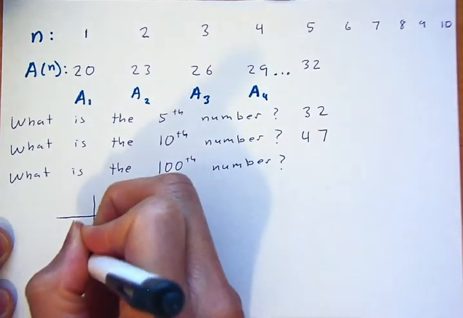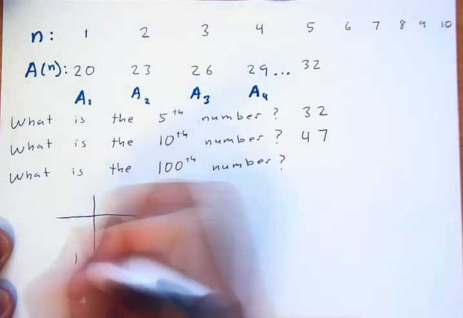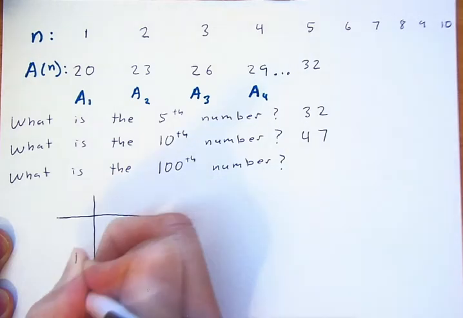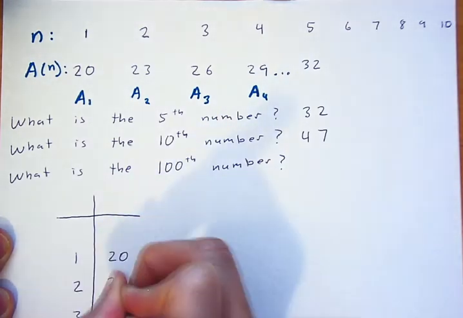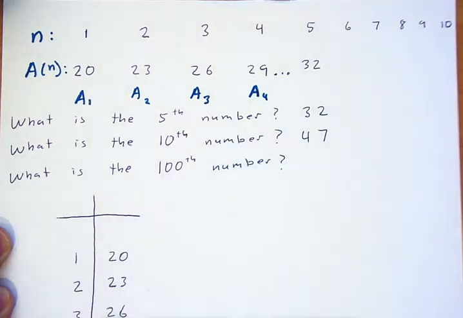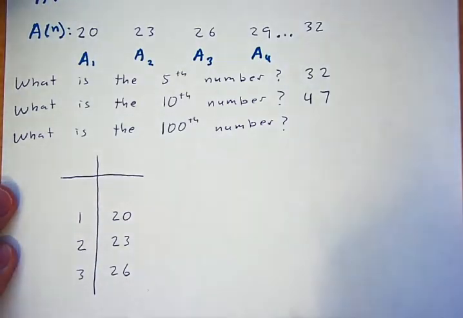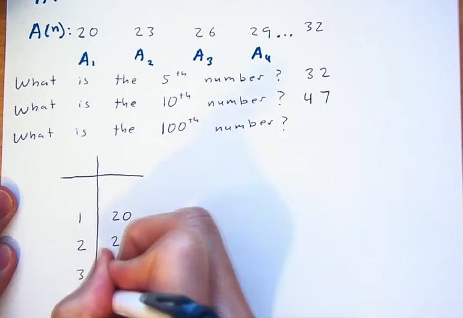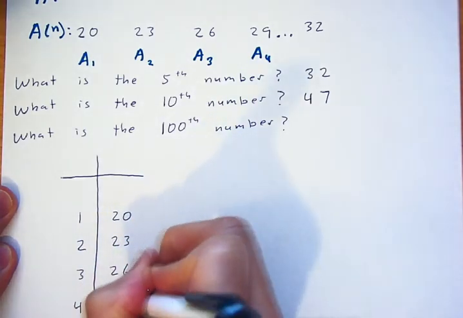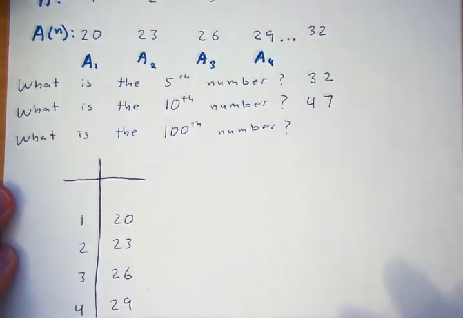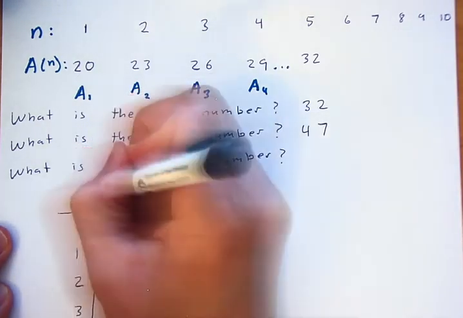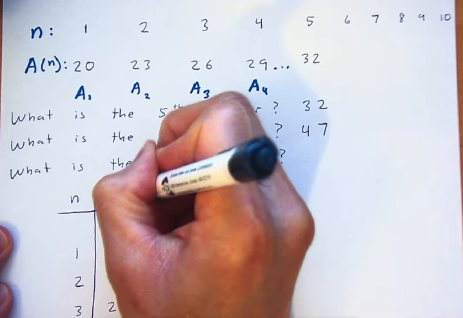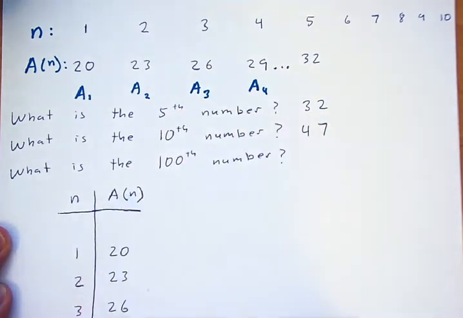Okay, so your first number was 20, second number is 23, third number is 26, fourth number was 29. And I called this one over here n, and I called this a of n. Once again, this is like an x and a y.